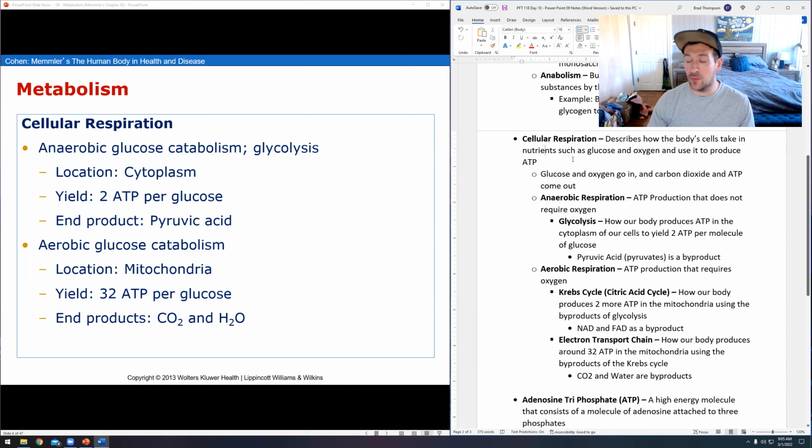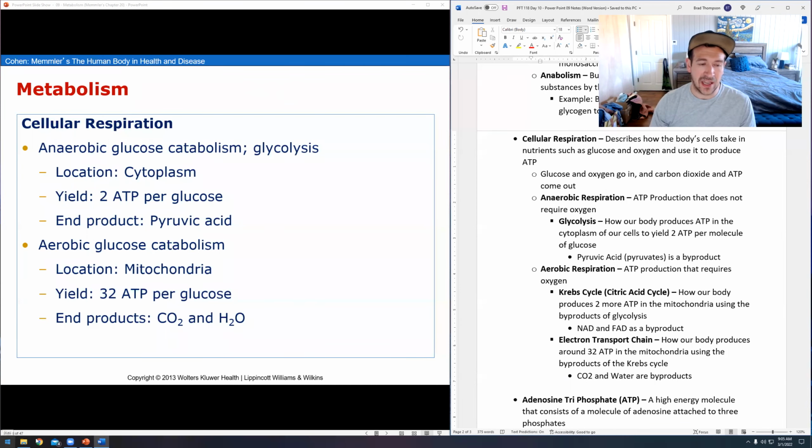But what we talked about when we talked about respiration the other day, right? We talked about bringing oxygen molecules into the body so we can use them. Well, cellular respiration is exactly the same thing, except it's your cells doing it, right? So cellular respiration describes how your cells take in nutrients like glucose and oxygen and use it to produce ATP.